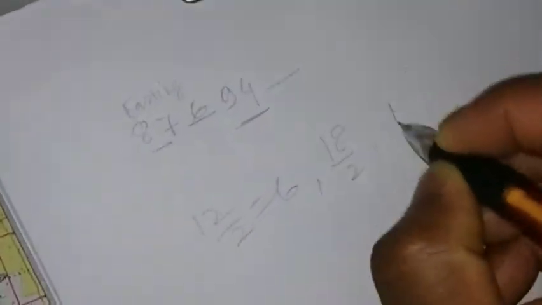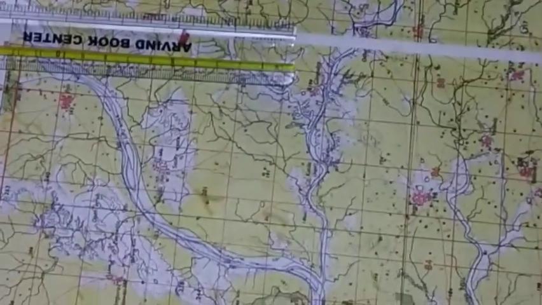So you can take either 18 by 2 or 19 by 2, which is 9.5. The 0.5 is not necessary to take, so it is almost 9. So with this you can find the 6-figure grid reference.